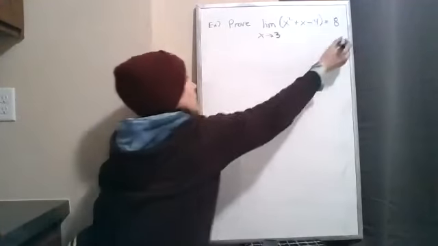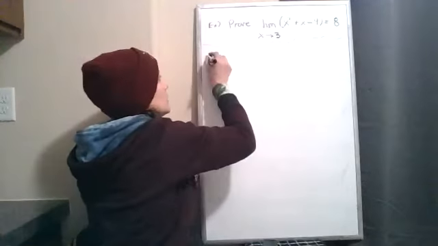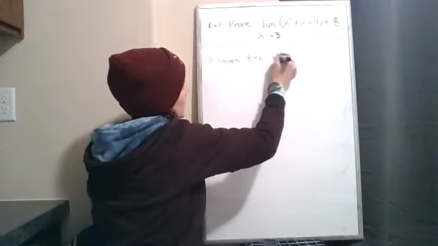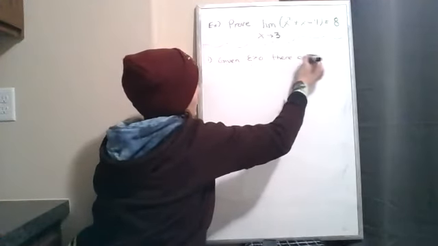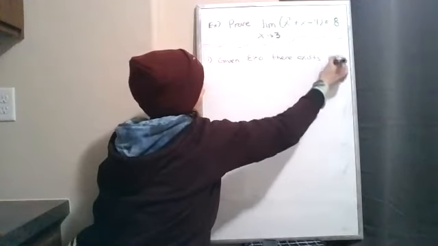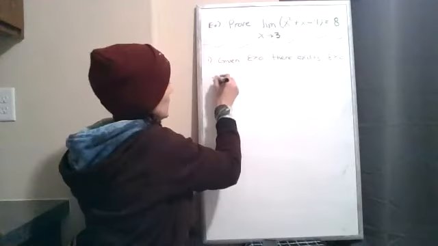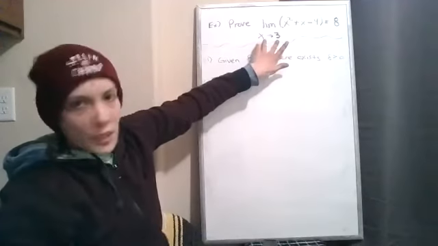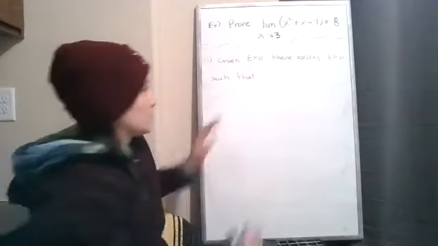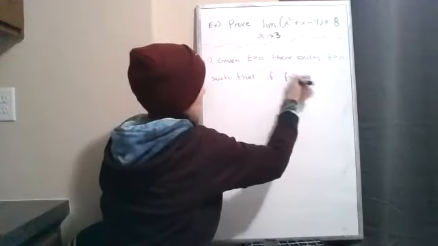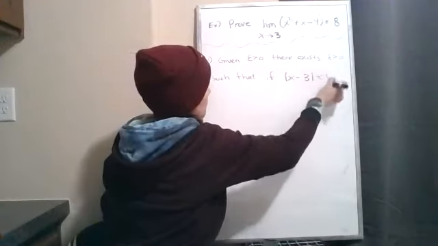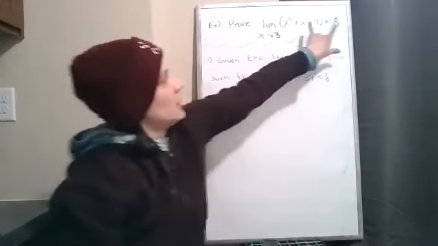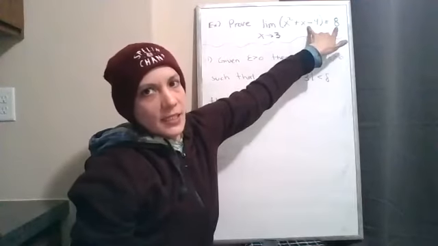All right, so let's do number 1. Epsilon greater than 0. There exists delta greater than 0, such that your distance between x and 3 less than delta, then the distance between f of x and L less than epsilon.